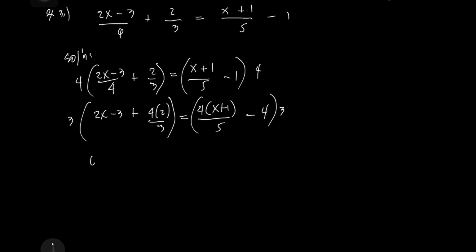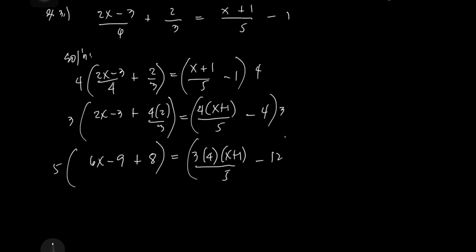So we have 6x - 9 + 8 = 3 times 4 times (x + 1)/5 - 12.